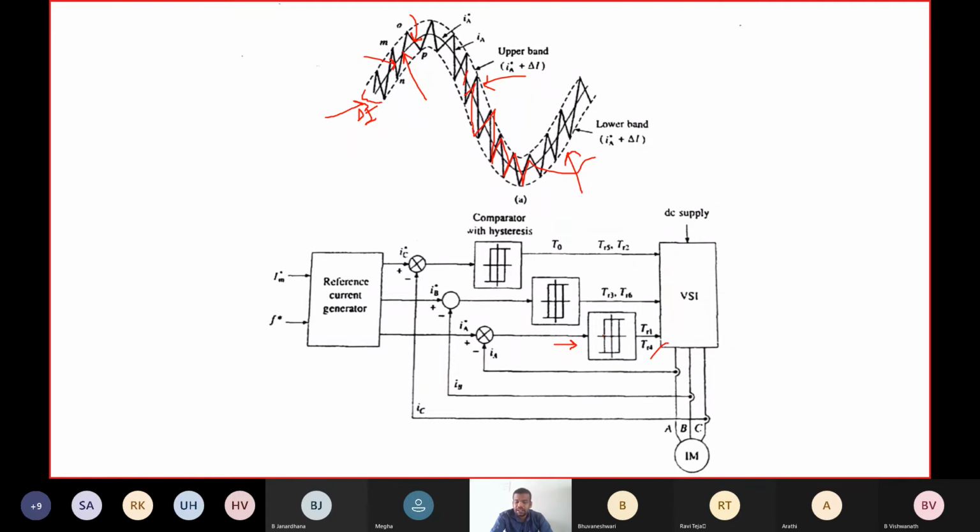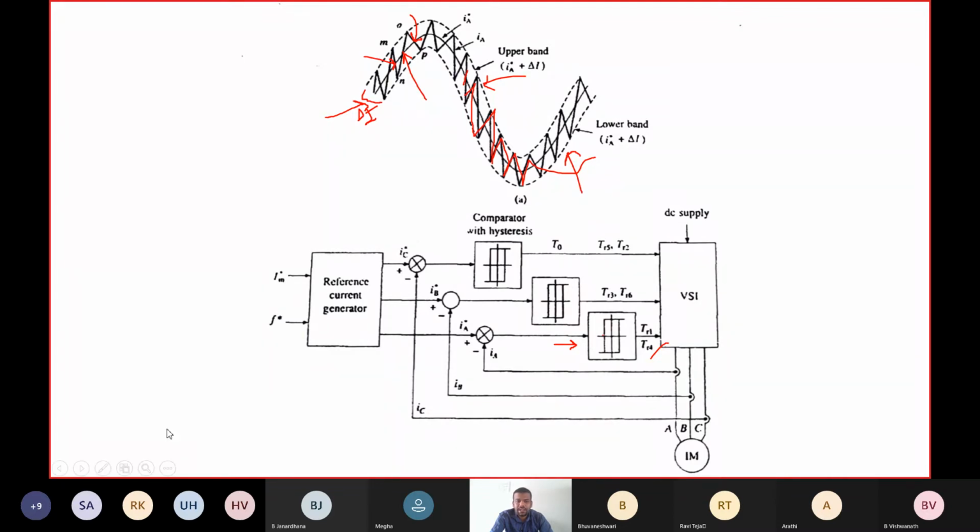These reference current generators generate the sinusoidal currents. We need sinusoidal reference currents, IA star, IB star and IC star, as inputs of the VSI. These are generated by the reference current generators, which are fed by the current amplitude command IM star and the frequency command F star.